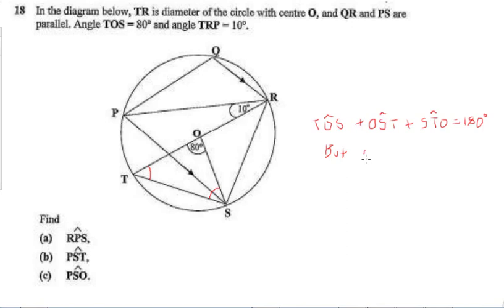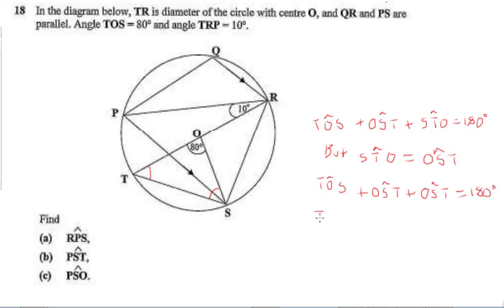Angle STO is equal to angle OST. So we can replace either one of these with the other and we would have TOS plus OST plus OST equals 180 degrees.